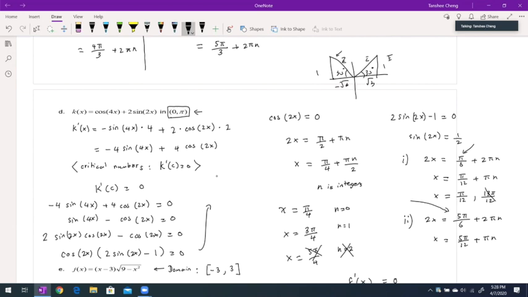But we can see that pi over 6 and then 5 pi over 6, they are not pi unit apart, not like this one. So I cannot just use one formula to indicate it. So I have to split it out into 2 different cases. So that's why I have this case right here. 2x is equal to pi over 6 plus 2 pi n. And another case, that is what? 2x is equal to 5 pi over 6 plus 2 pi n.